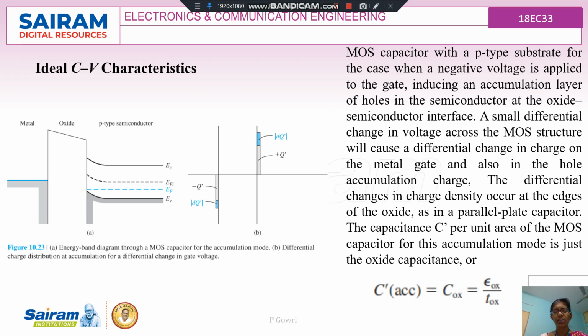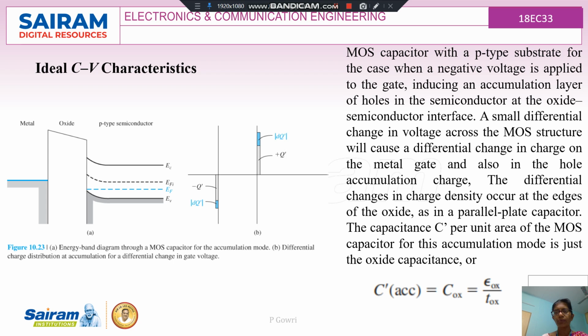Coming to the characteristics of a MOS capacitor, we have the MOS capacitor as metal, oxide and semiconductor. Consider a p-type semiconductor material, and then the energy band diagram of this will be like in a p-type semiconductor. During the accumulation, the energy band will be slightly curved up at the interface of the oxide and the semiconductor material.